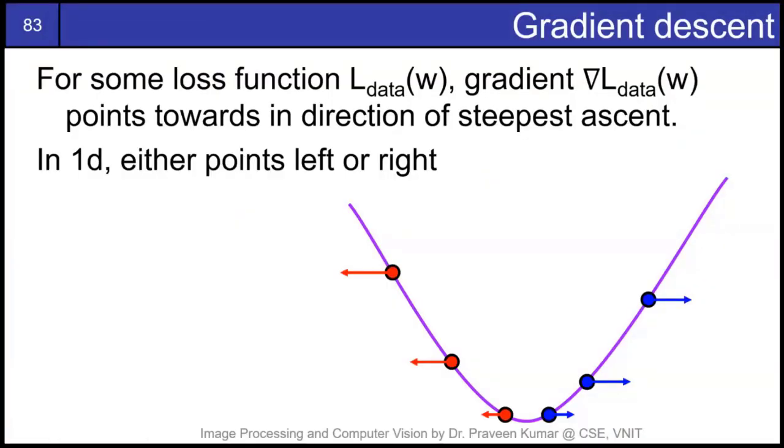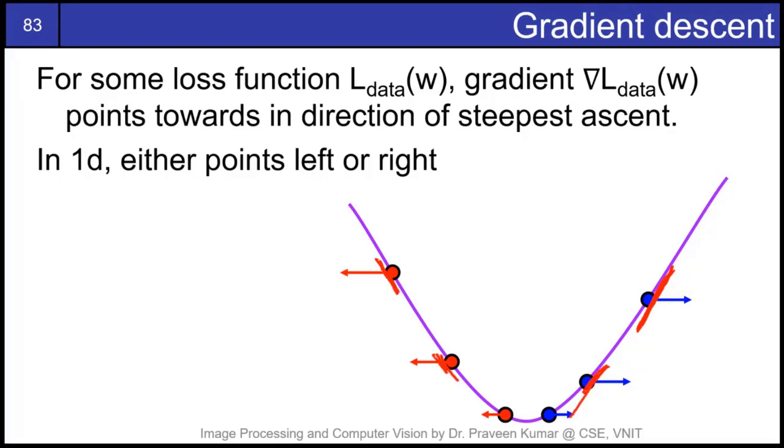In gradient descent, if your optimization function is a convex function, you want to find the local minima or maxima. Depending on the gradient, for this type of convex function, on this side of the curve the gradient has a positive slope, and on this side it has a negative slope.